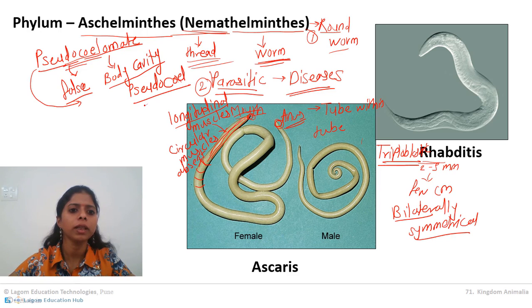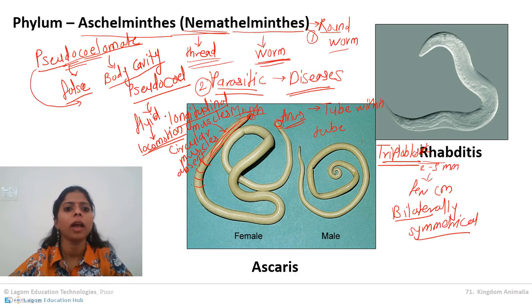This pseudocele is filled with water-like fluid, and this fluid helps the animal in locomotion. The fluid works as a skeleton for the movement. That's why it is called a hydraulic skeleton.